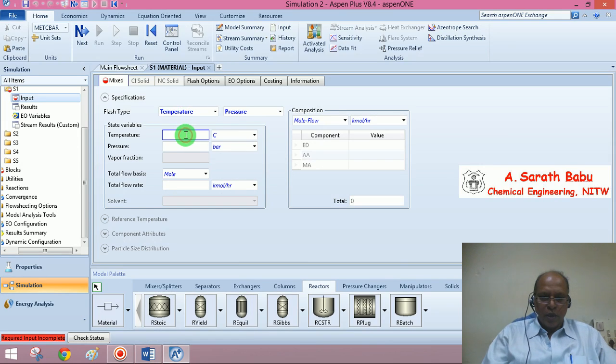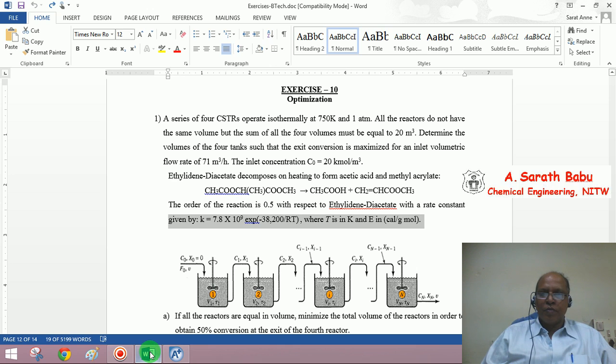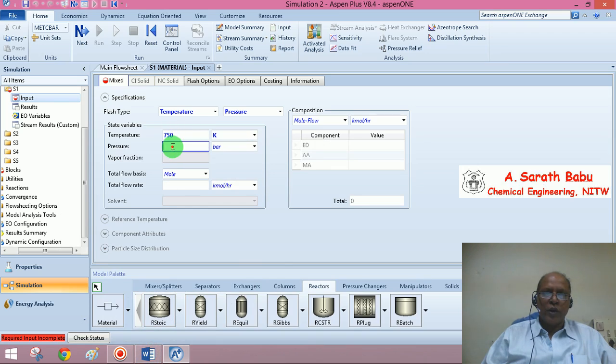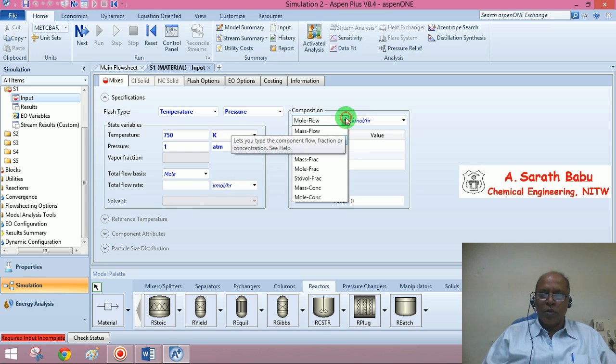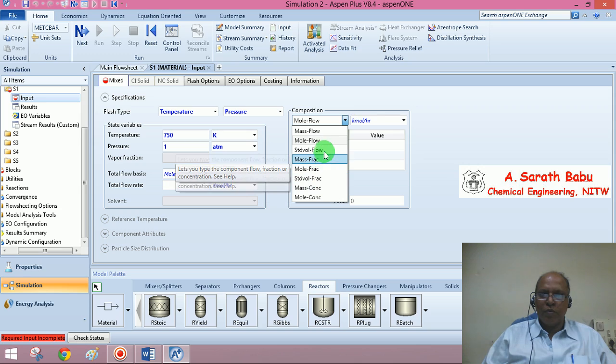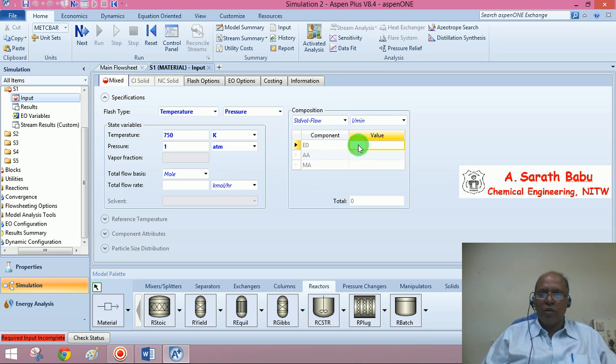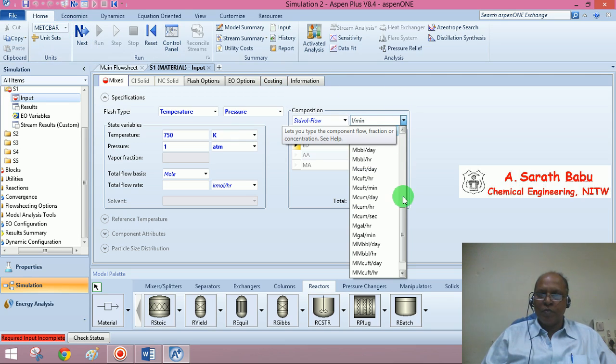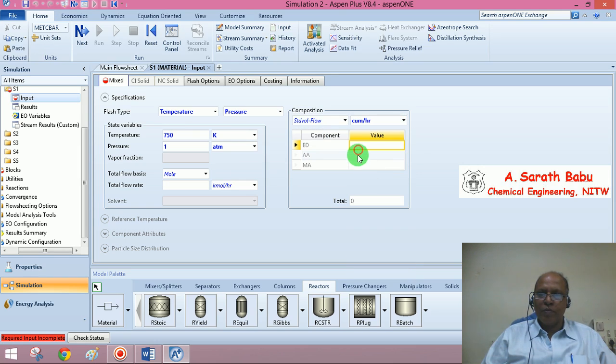So temperature is 750 Kelvin. Pressure is 1 atmosphere. The total flow rate in terms of volume is 71 cubic meters per hour.